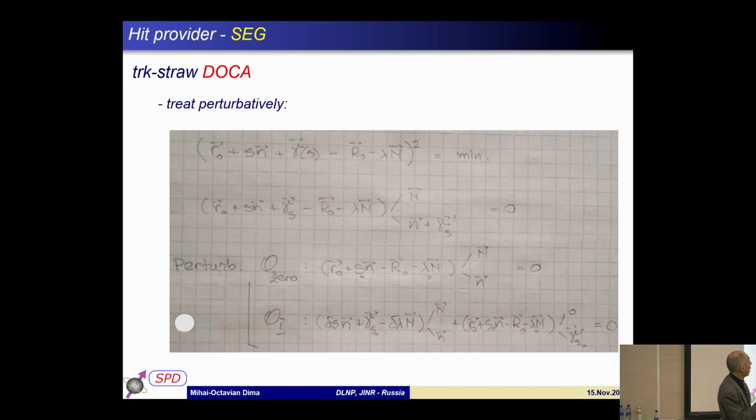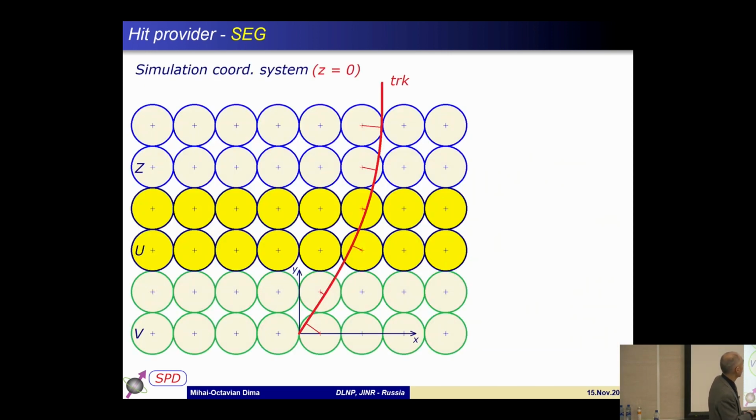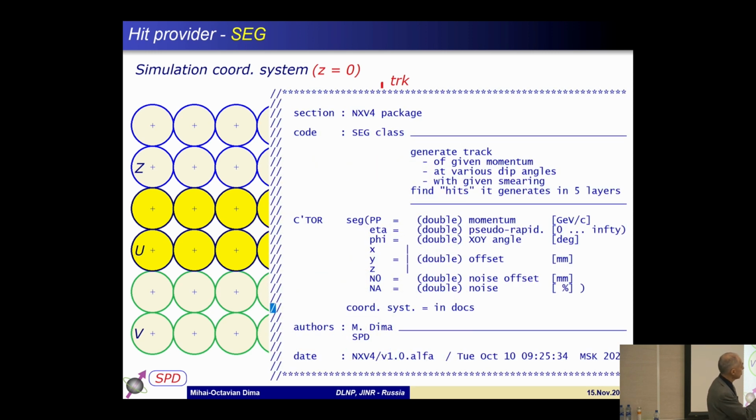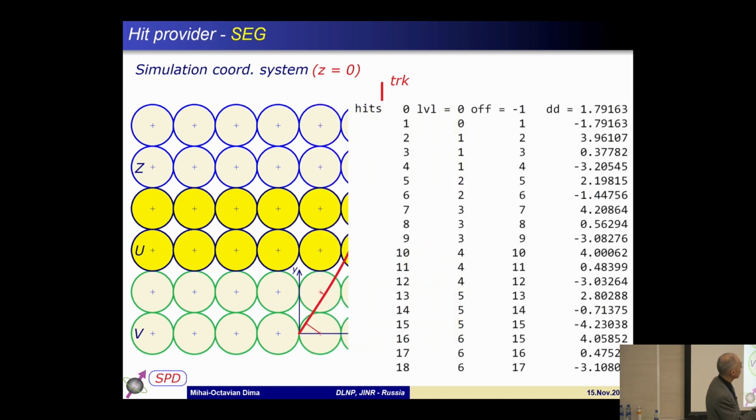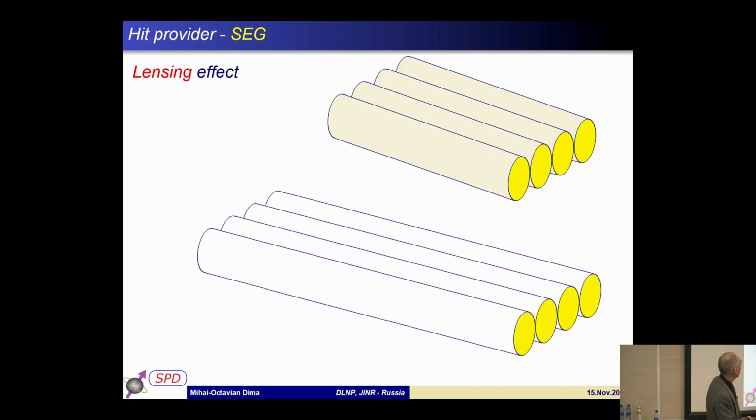In the end, you manage to do it, so you can find these little distances of closest approach. You give it the track parameters that go into the straw detector, and it will give you the distances of closest approach. You can list them like that.